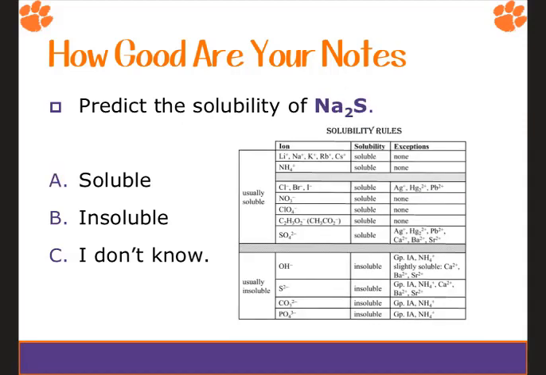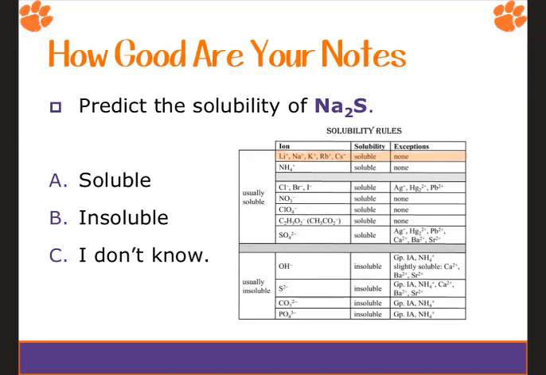All right, next up we have sodium sulfide. So again, look at the table, see what you can come up with. All right, so again, we can look. Here we have sodium and sulfur, or sulfide, are both on this list. So sodium here is in the soluble category.